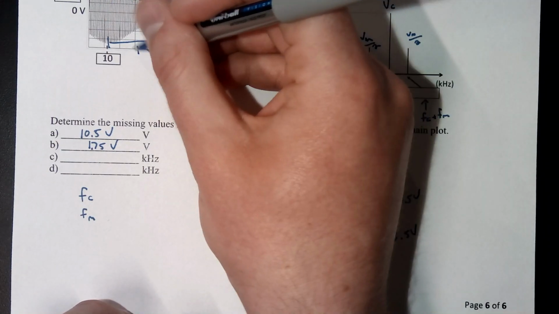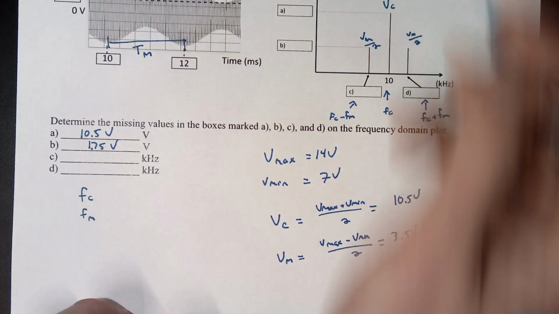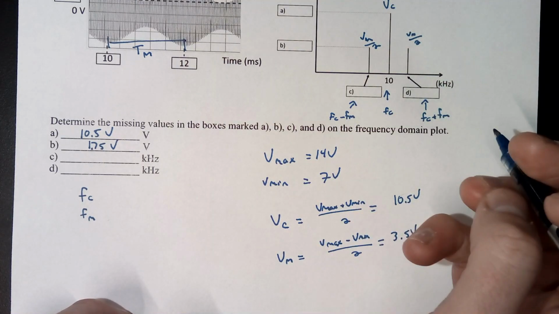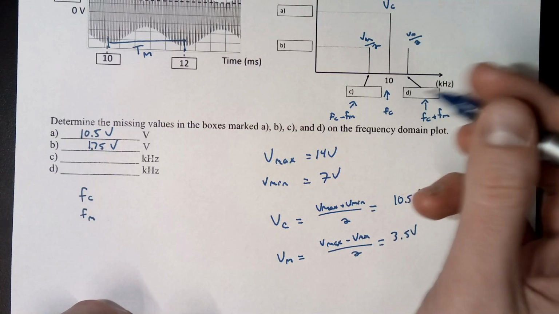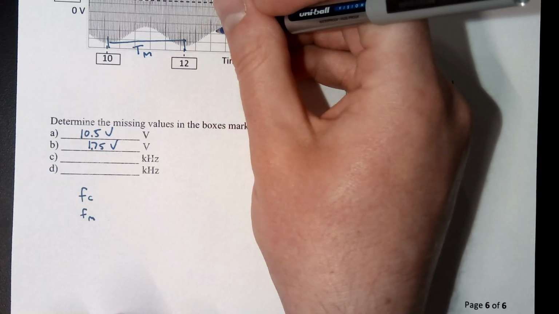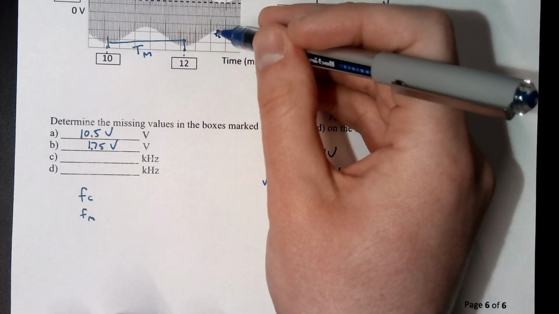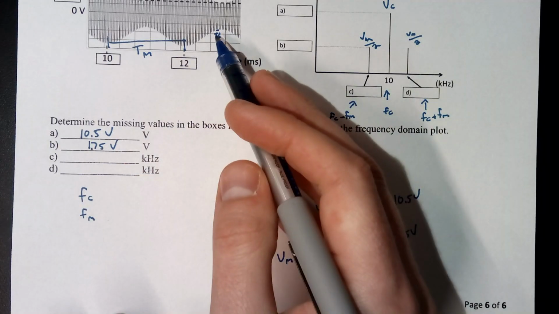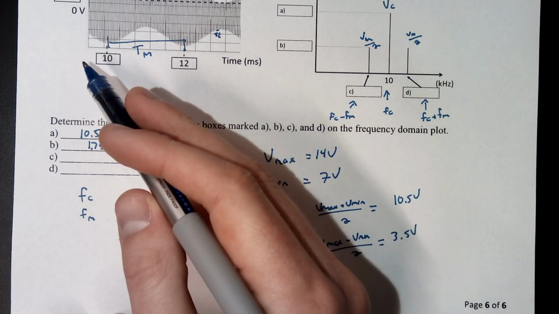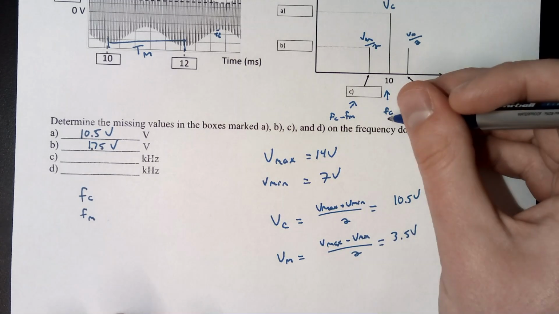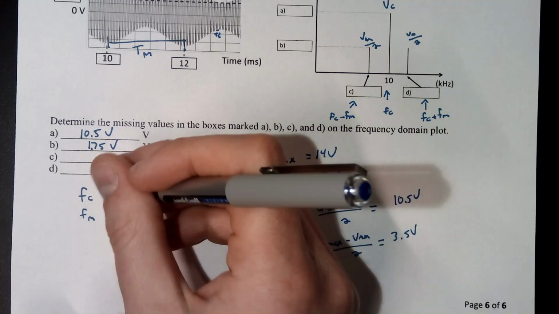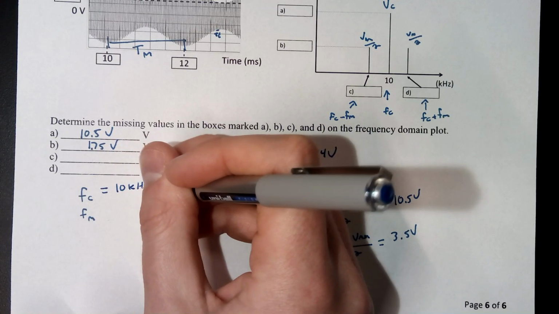So this is going to be TM, and then our peak to peak is going to be TC, but we actually are already given that value, right? If we had to calculate it, we would measure from peak to peak here, peak to peak, and just see how far apart those are. In this case, we're given FC, so we know that that is 10 kHz. It's nice for us.